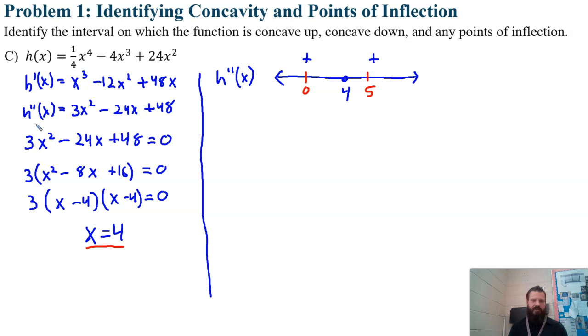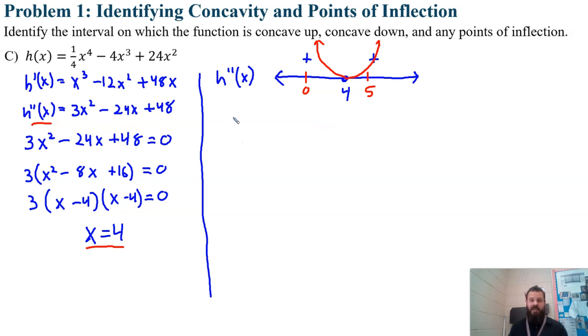As far as a graph of what this h double prime is going to look like, well, that's a positive parabola, so opening up, with a 0 of a multiplicity of 2, so we know what would happen is we'd have a bounce at that 4. That's another way we could think about that. Either way, what we see is that this second derivative is always greater than or equal to 0.